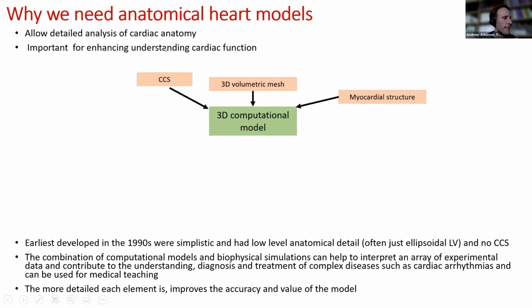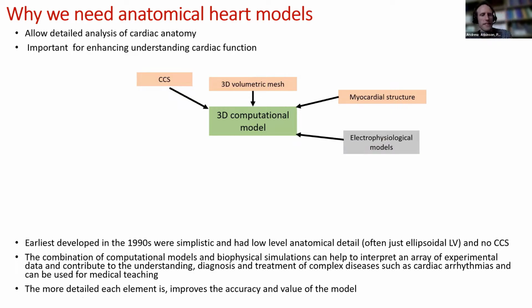But using our anatomical models, we can include information about the cardiac conduction system. We can get the full 3D volumetric meshes of the myocardium and other structures such as the vessels. And we can also get information regarding the myocardial architecture, so the alignment of the myocytes. And this is all important for how the heart is going to function and be stimulated.